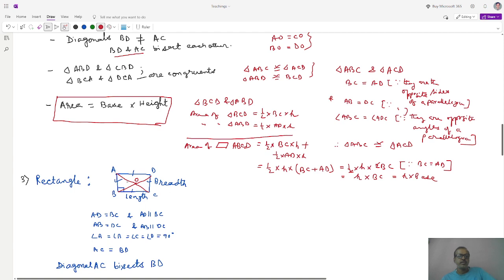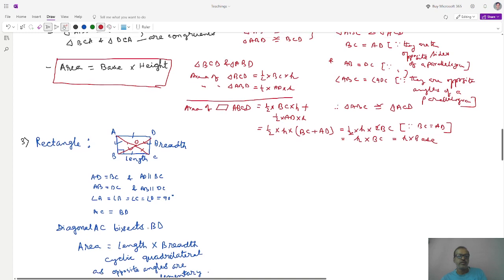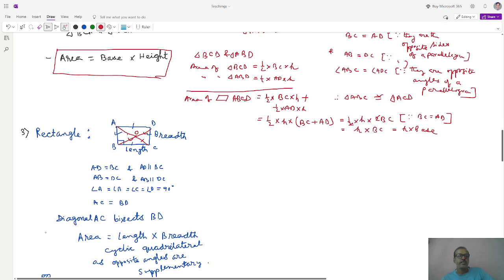That is, this is equal to this is equal to this. Diagonal AC bisects BD.